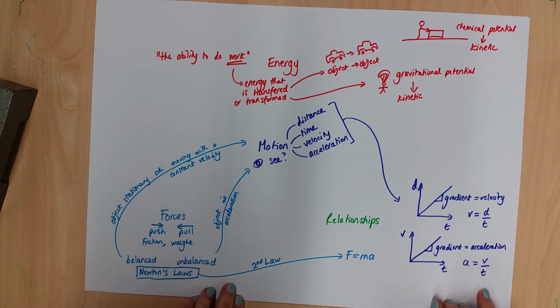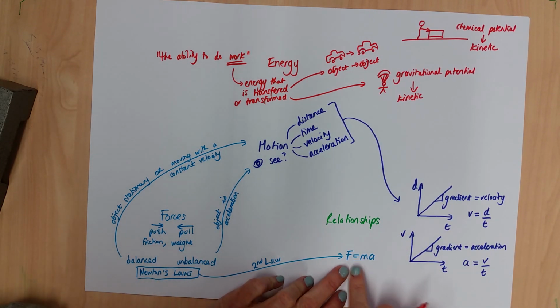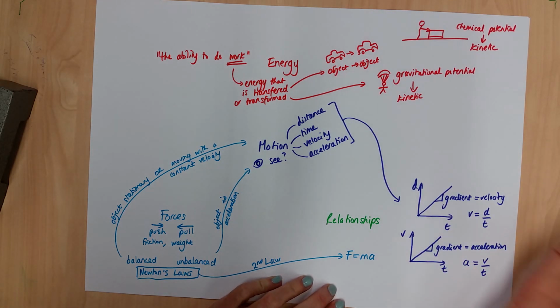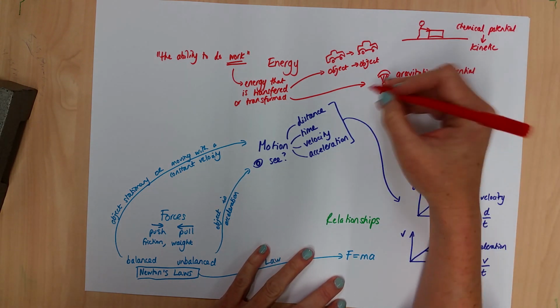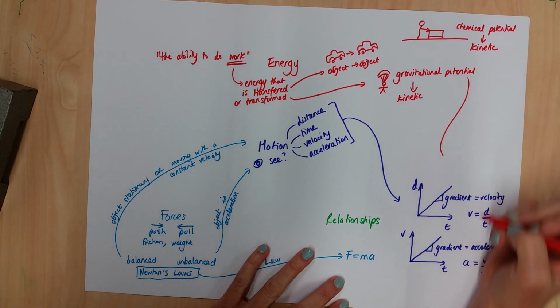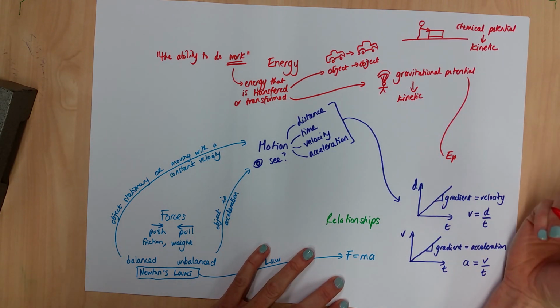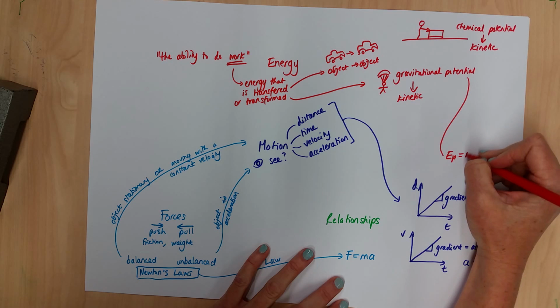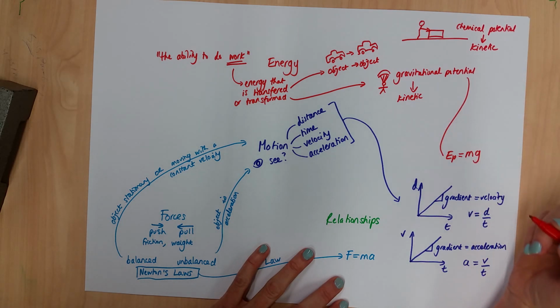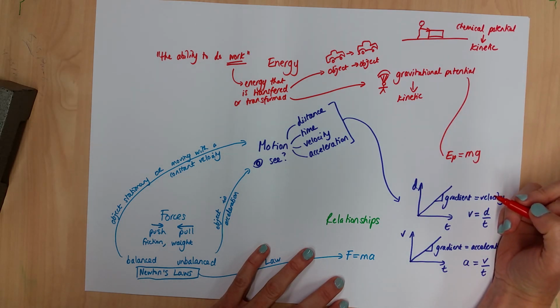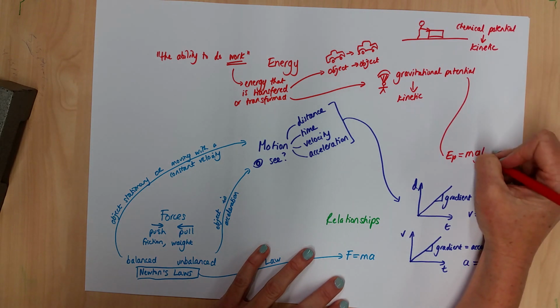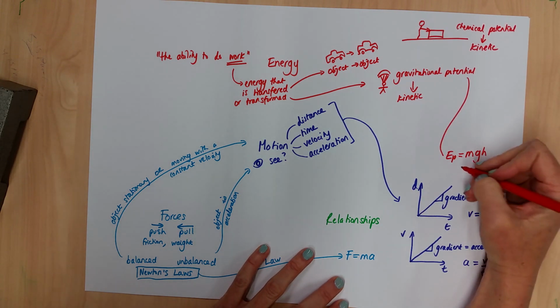And again, like we looked at with forces, velocity and acceleration, we can actually do some calculation and put some numbers with that, giving it a value to show us the size. With gravitational potential energy, the relationship we look at is EP for gravitational potential energy equals mass times g, which is our value for acceleration due to gravity, times h, which is the height of the object.